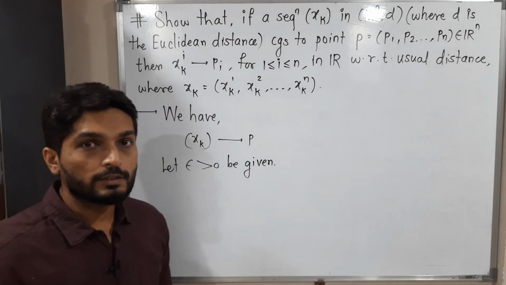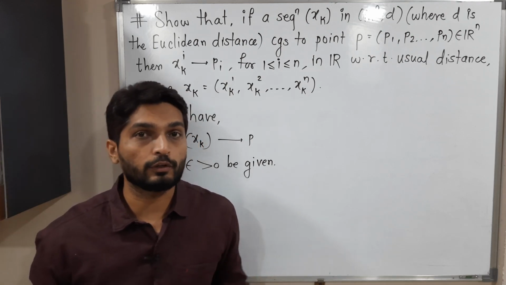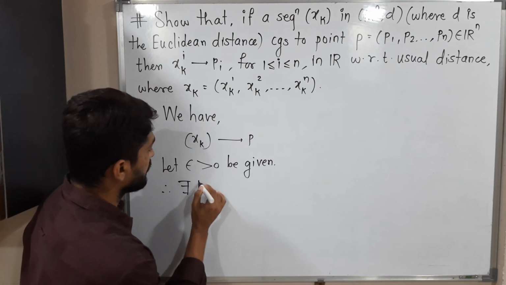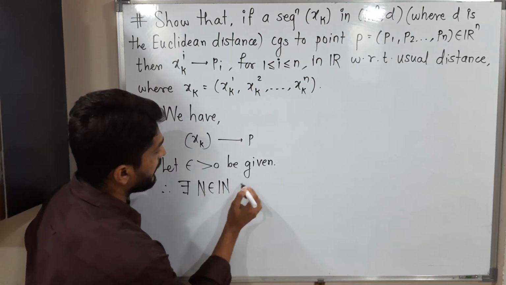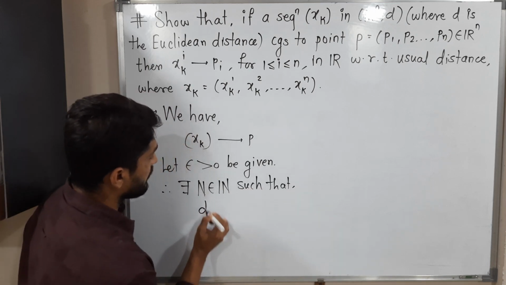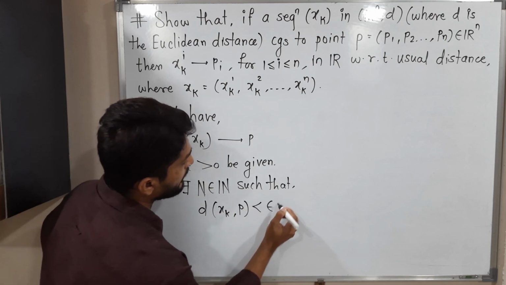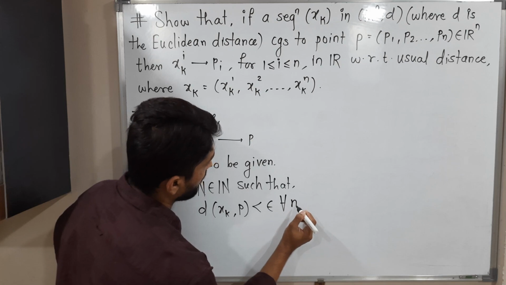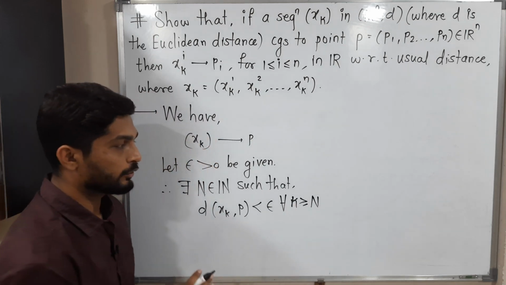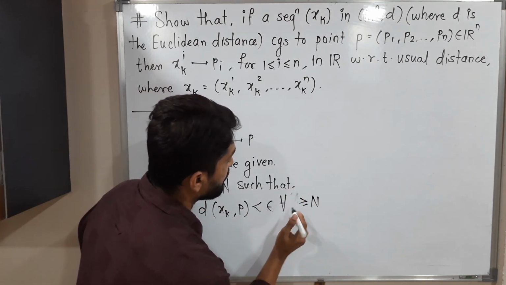The definition of a convergent sequence says that for the given epsilon there exists N belonging to the set of natural numbers such that d of xk comma P is less than epsilon for all k greater than or equal to capital N. By the definition of a convergent sequence, I will write it. This is small k, let me write properly.